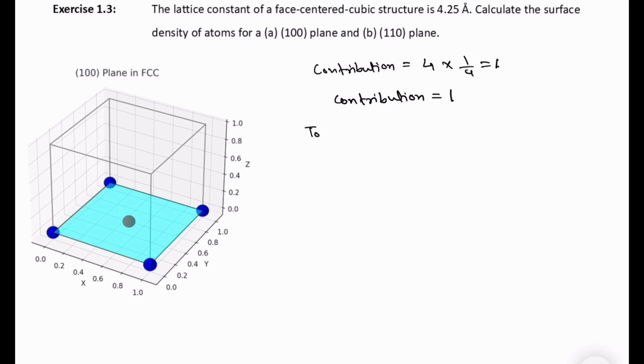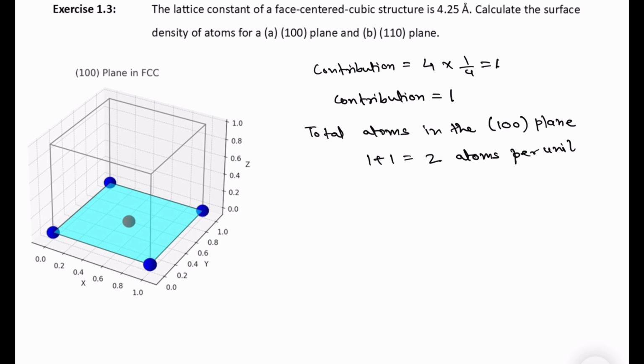Now, the total atoms in the 100 plane will be 1 plus 1 equals 2 atoms per unit square.